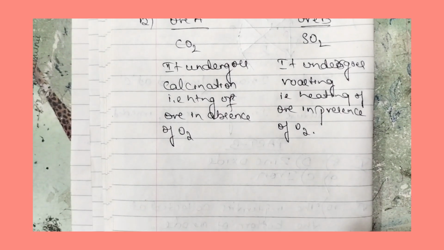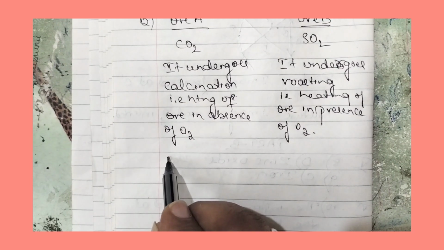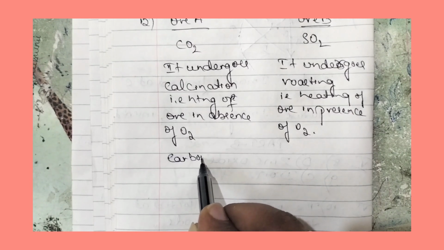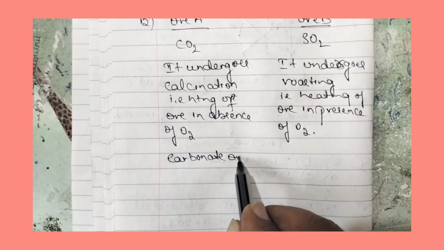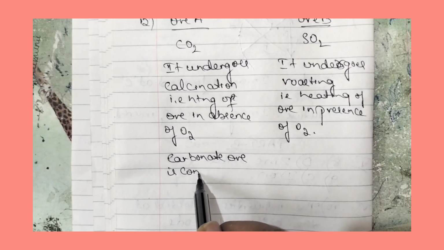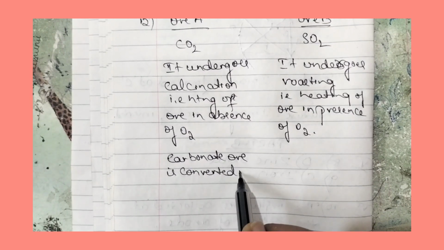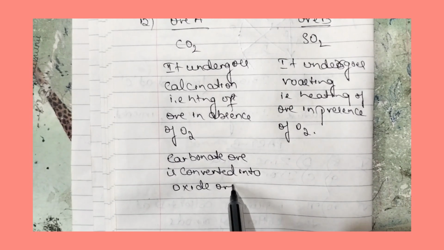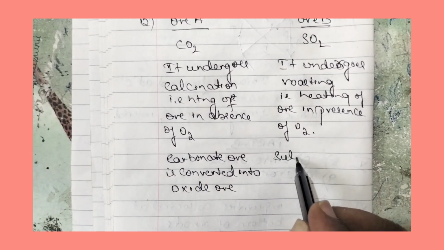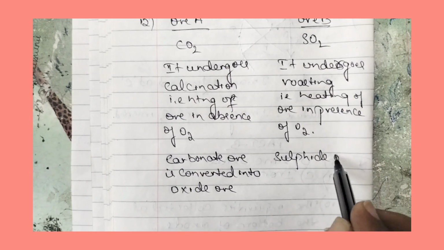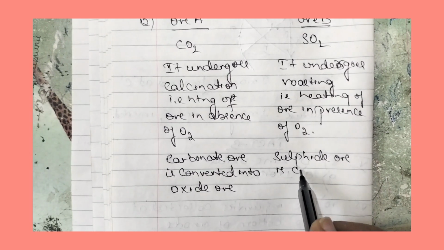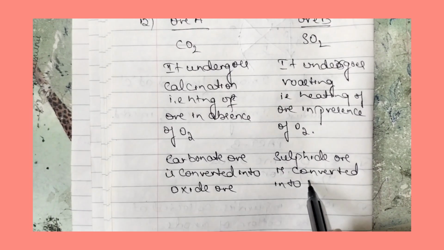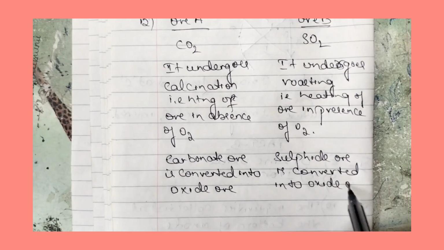So by this we can convert carbonate ore into oxide ore, and sulfide ore into oxide ore. So this is the answer for the 12th question.